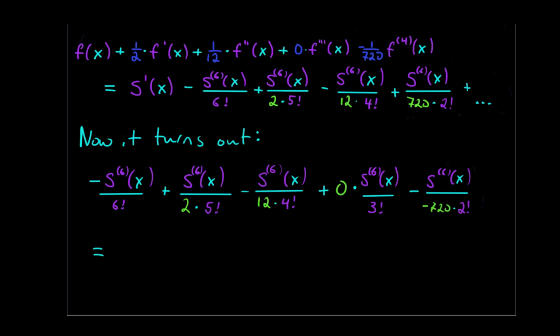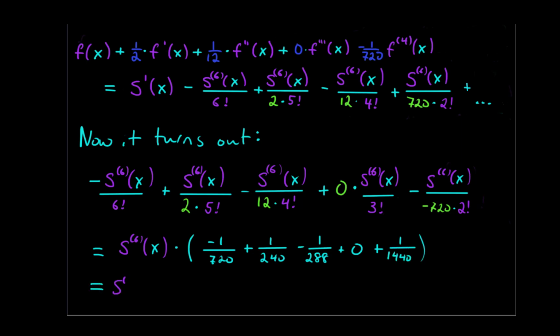So that'll equal S6 of x, factoring that out, times negative 1 over 720 plus 1 over 240 minus 1 over 288 plus 0 plus 1 over 1,440. So it turns out that 1,440 is the common denominator here.